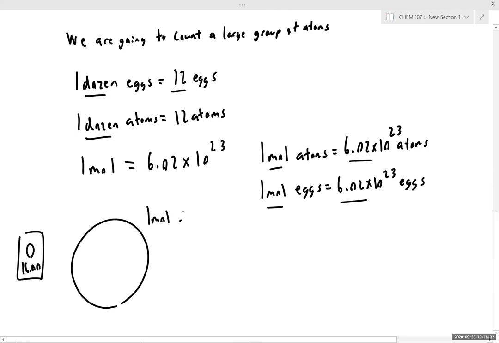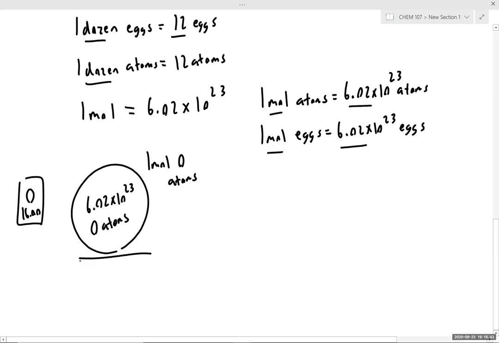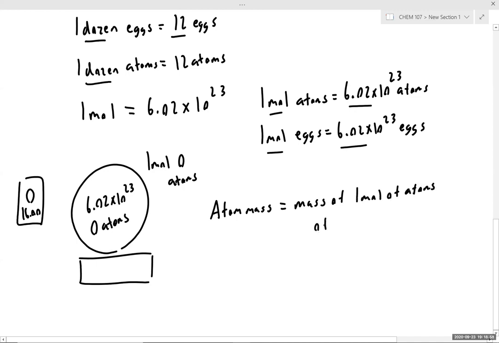So in 1 mole, let's pretend we're looking at oxygen atoms. 1 mole of oxygen atoms, so we have 6.02 times 10 to the 23rd oxygen atoms. If we put that on a scale, the atomic mass is equal to the mass of 1 mole of atoms of that element.